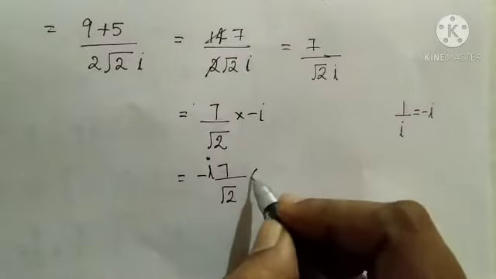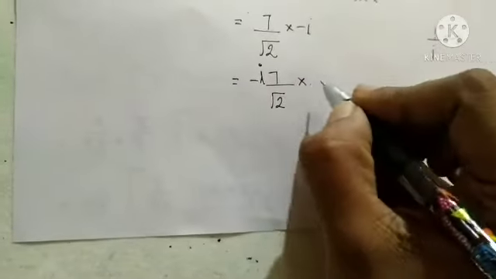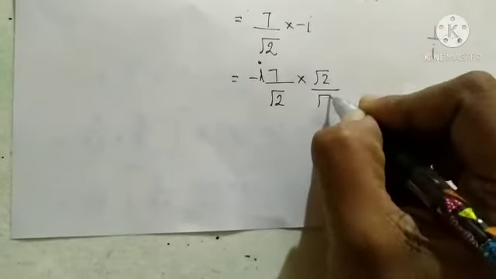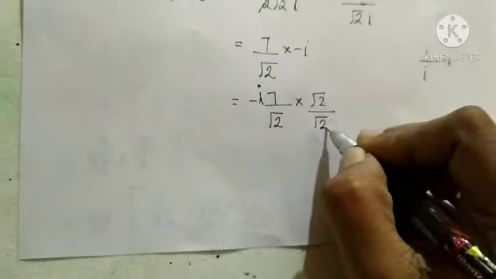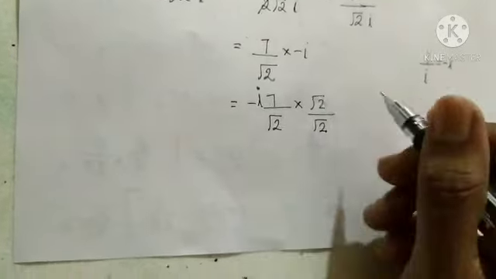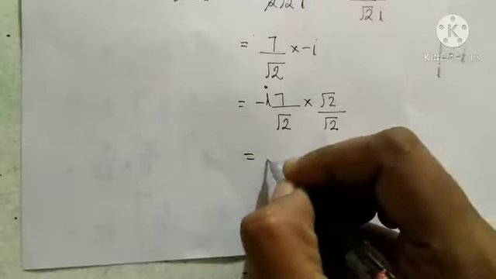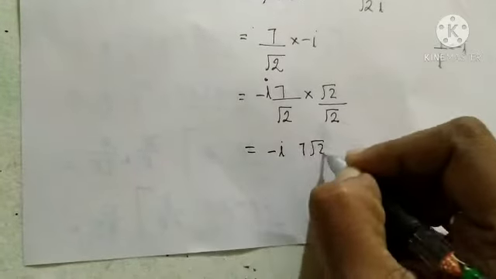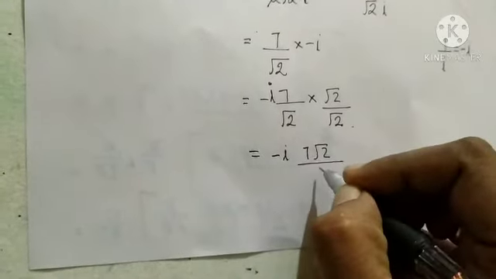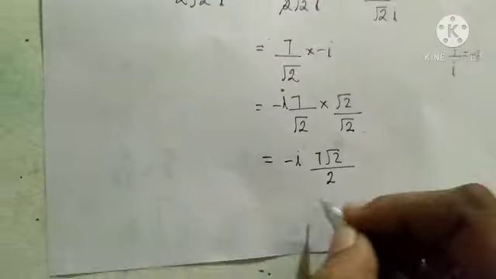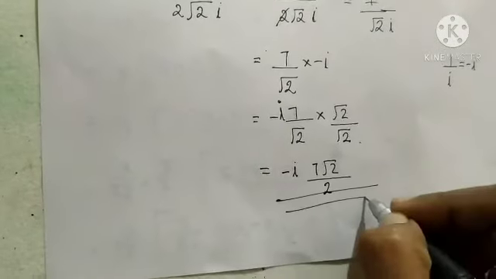Next I am going to rationalize this term, so multiply it with root 2 by root 2. This term will become minus i into 7 root 2 by root 2 into root 2, which is 2. So this is our final answer.